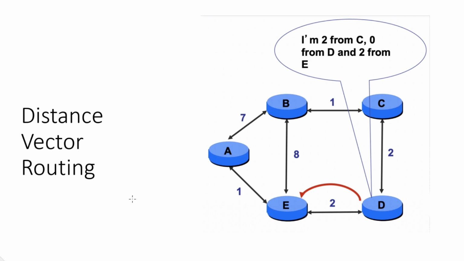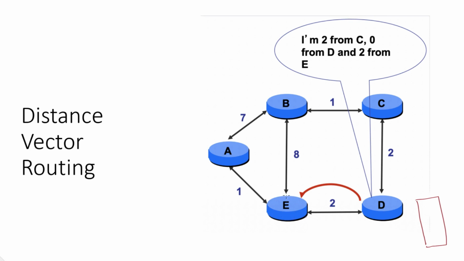Now in distance vector routing, we form a vector for every router, and then we forward these vectors to the neighbors. D will say to E that I'm connected to C and I am just 2 distance away from C. So D will say to E that I'm 2 from C, 0 from D obviously, and 2 from E itself.